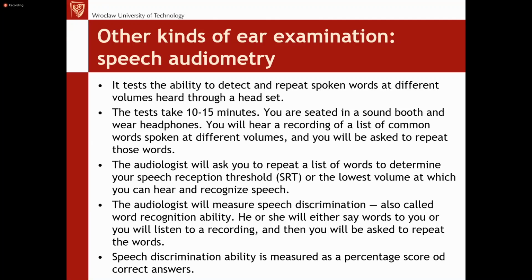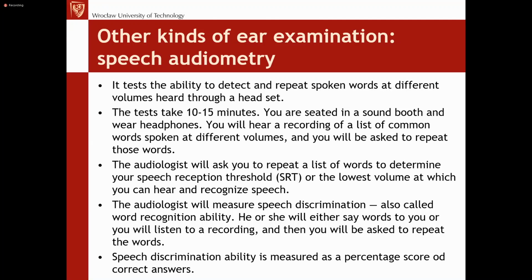And the audiologist will measure speech discrimination, also called word recognition ability, and he or she will either say words to you or you will listen to a recording and be asked to repeat the words.